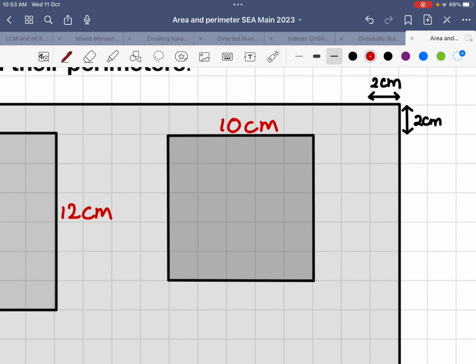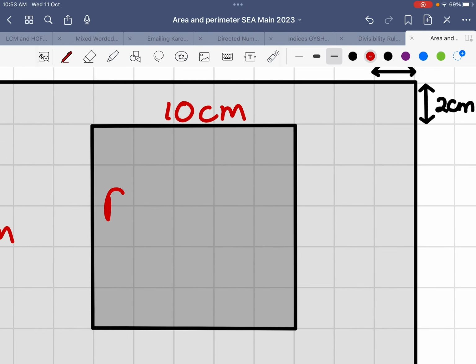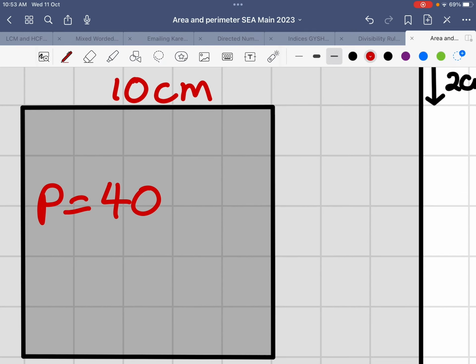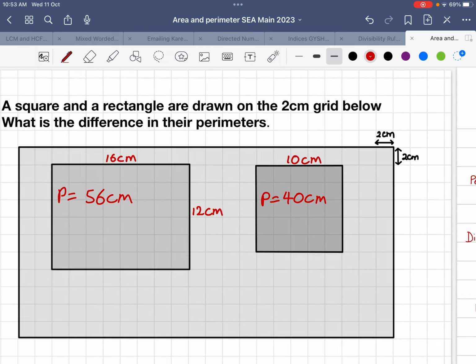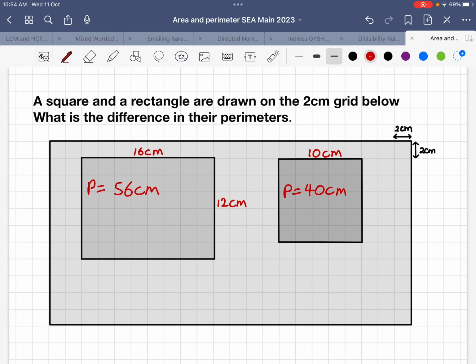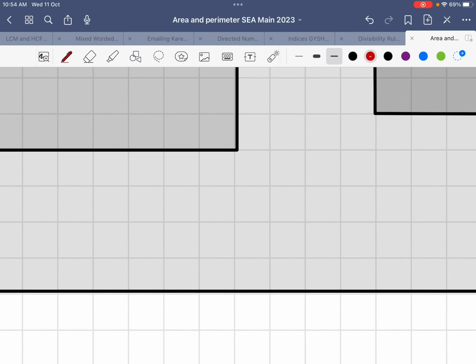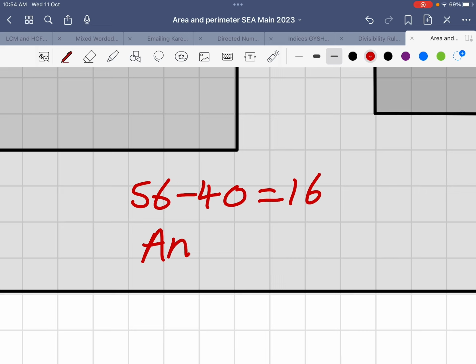And the square, 4 times the side, will give us 4 tens are 40. What is the difference? Okay, so that's simple. 56, take away 40. That will be 16, so your answer is 16 centimeters.